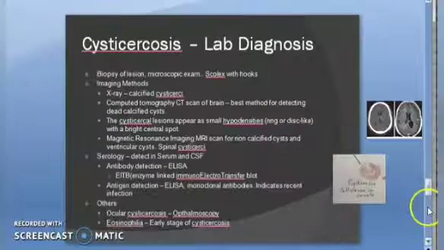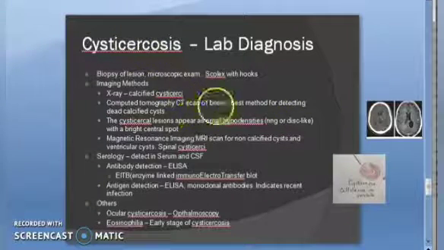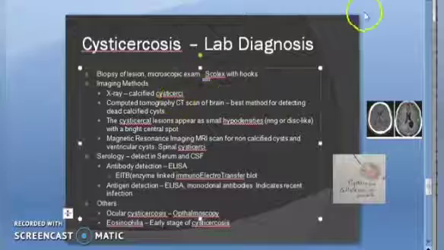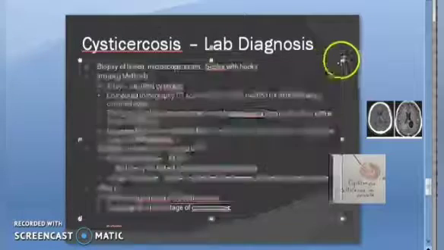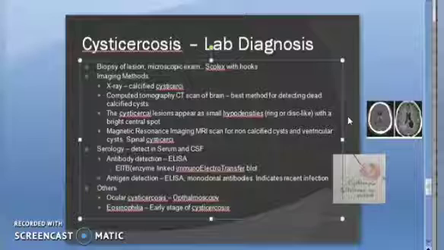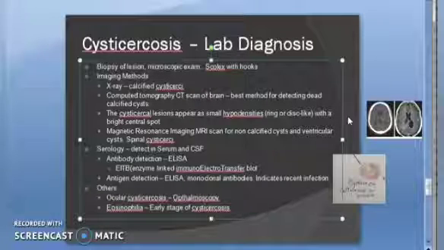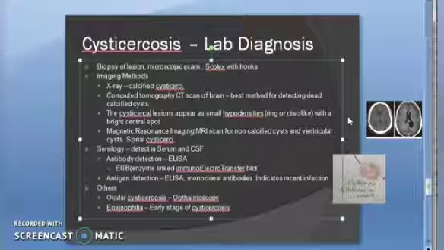Then moving on, cysticercosis lab diagnosis is very unique. It's not the typical stool examination. See here, it's biopsy of the lesion, imaging, X-ray, CT, MRI. Serology, you will do what?